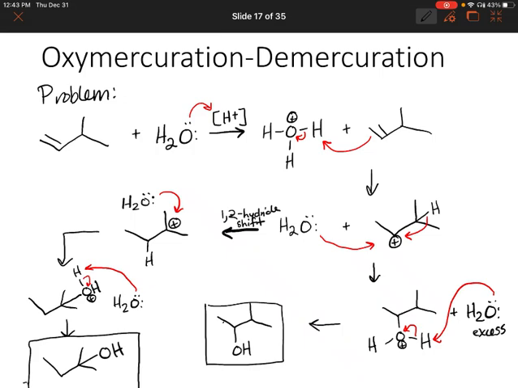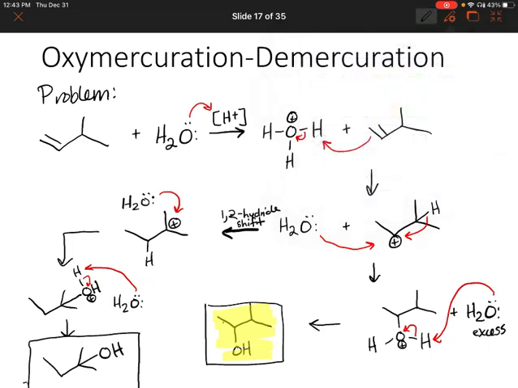And let's say that we really wanted to form this first alcohol that we made, but we end up with all of these contaminants from the other product. How can we isolate or just make that first alcohol without having the contamination of the other alcohol?